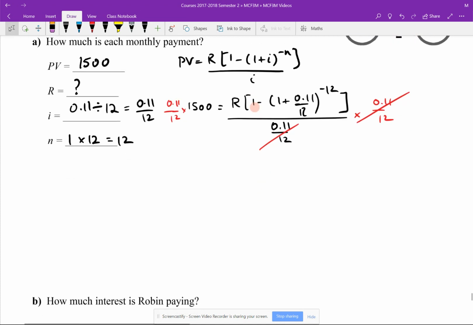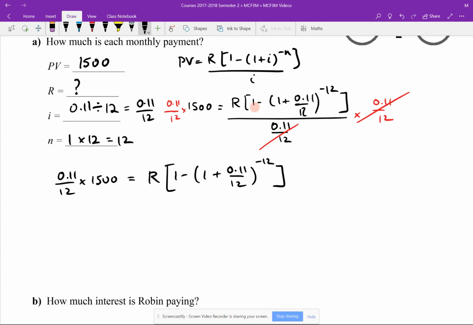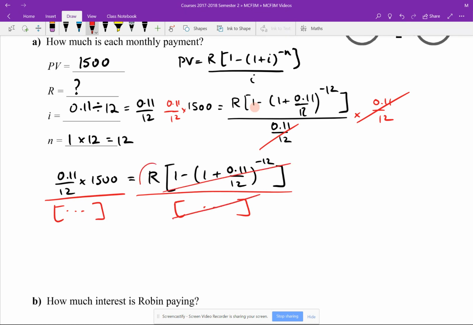So on the left side, I have 0.11 over 12 times 1,500, and that's equal to R times the square bracket, 1 minus 1 plus 0.11 over 12 to the power of negative 12. Now what happens if I divide by everything in the square bracket on both sides of the equation, so I can balance it out? Then this square bracket cancels with this, and I'm left with R.